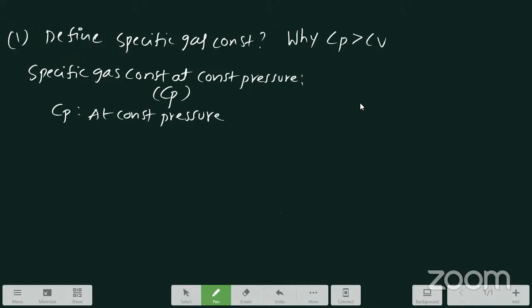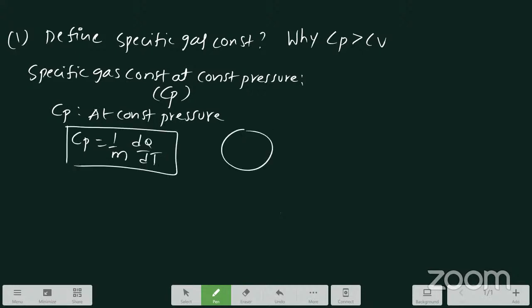At constant pressure, this is the formula for Cp. At constant pressure, heat supplied to a gas at constant pressure. The amount of heat required to supply heat. How much amount of heat? For 1 mole, like that practically we are going. This is the definition, a single line, at constant pressure.